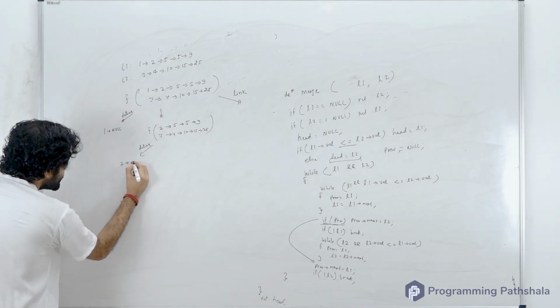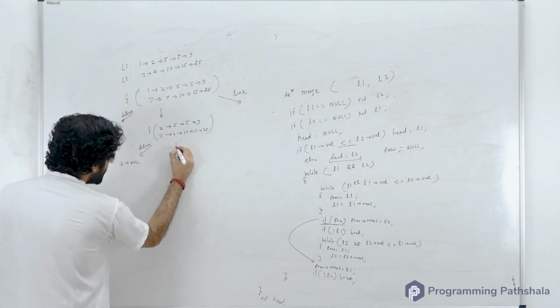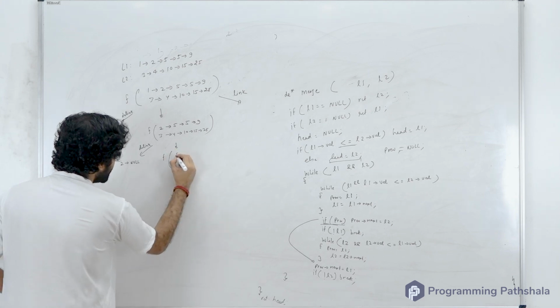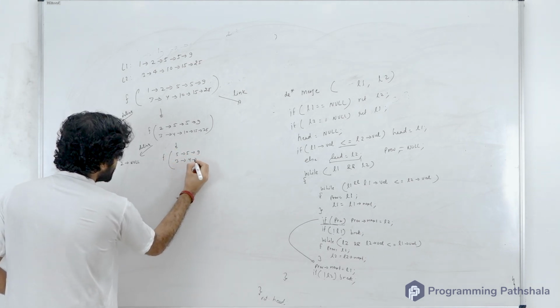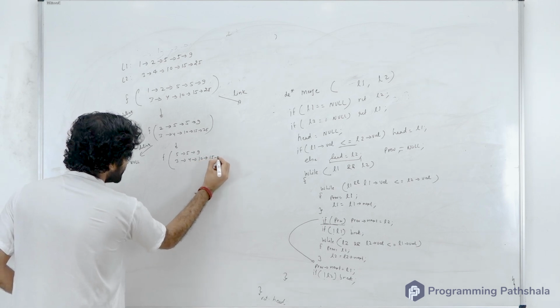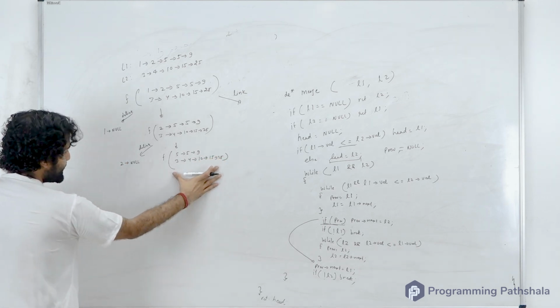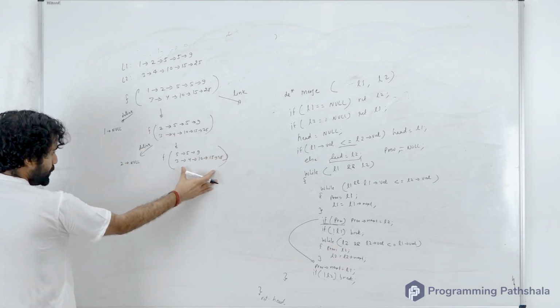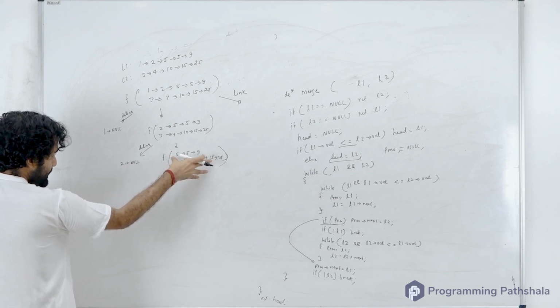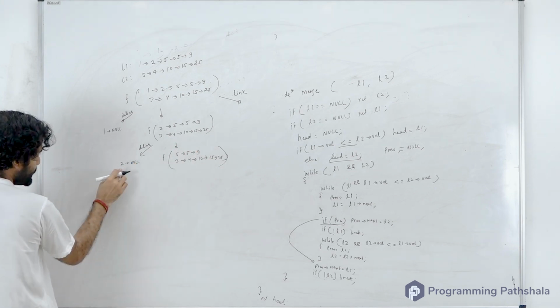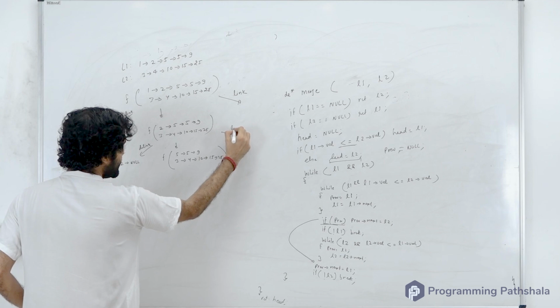So you delink this 2, which is now pointing to null, and then recursively call this function for 5, 5, 9, and 3, 4, 10, 15, 25. When this is magically done, you will have the head of this, and you will connect the head of this with this thing. So that would be your final link part.